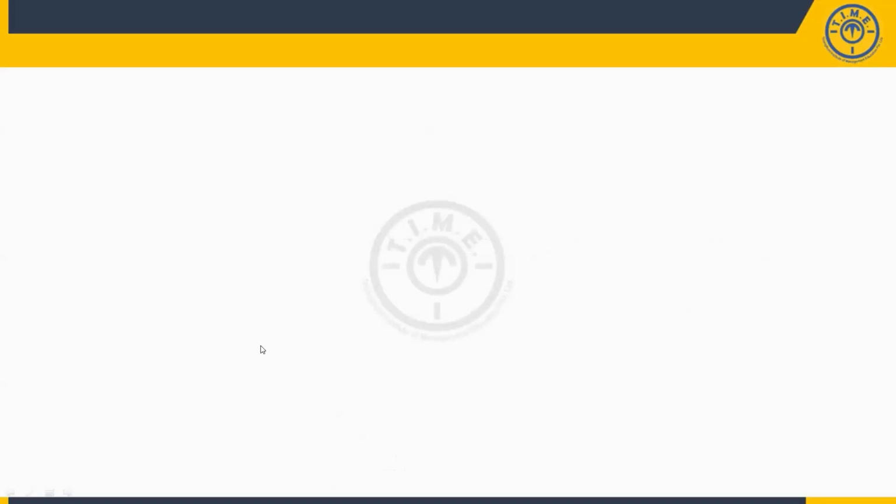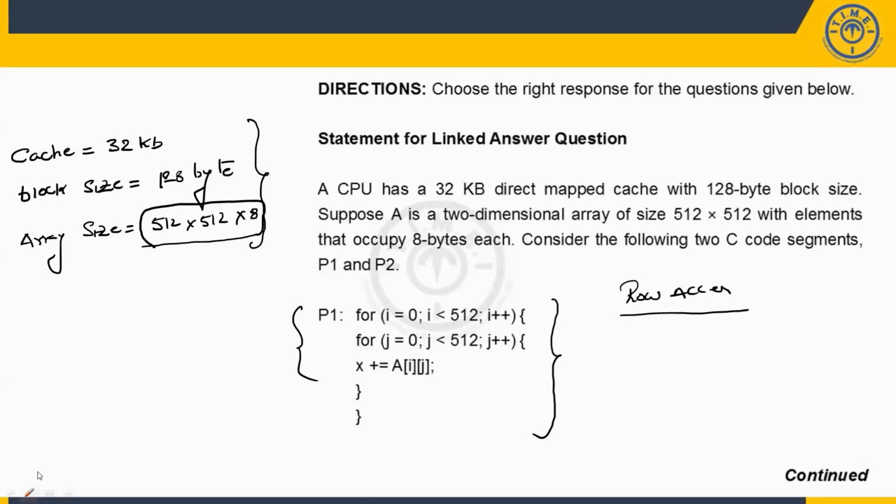So the column misses will be equal to the number of elements, the total array size 512 into 512, which is 262144. Keep it aside.